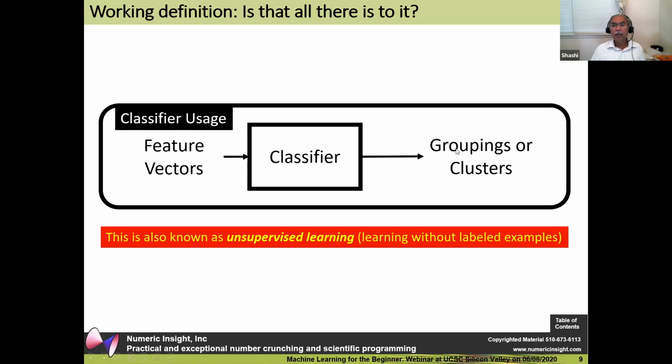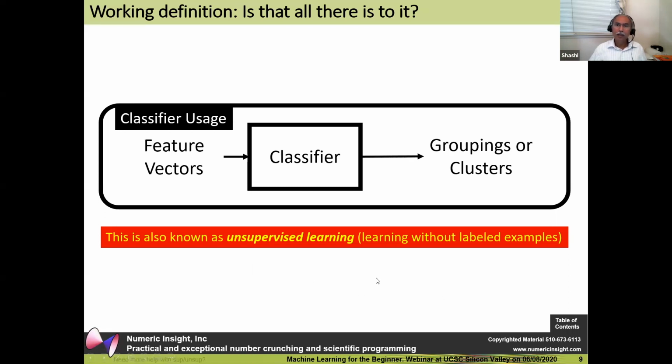However, it's going to group all the feature vectors into categories or clusters. So it's going to say that this bunch of feature vectors are all similar to each other, and they are all different from this other bunch of feature vectors, and that other bunch of feature vectors are all similar within themselves, and so on. So that is unsupervised learning.